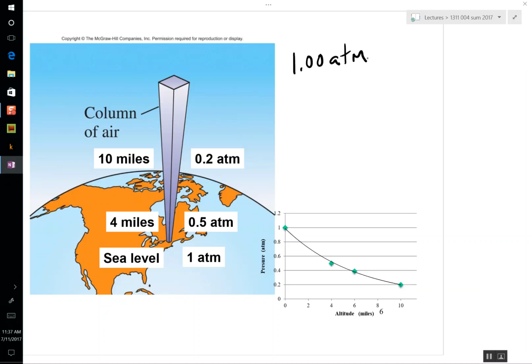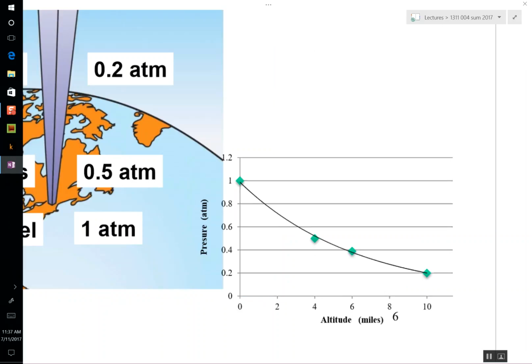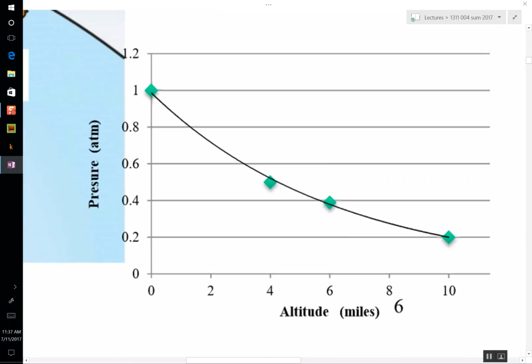Okay, so years ago, and notice here, this is kind of showing you, if you look at this slide right here, altitude in miles. And remember, I said if you go out to 20 miles out here, the pressure drops off, not to zero, but the atmosphere is so thin, the pressure being exerted out 20 miles out there is so low that that's kind of a common distance out to say that's where the atmosphere stops.